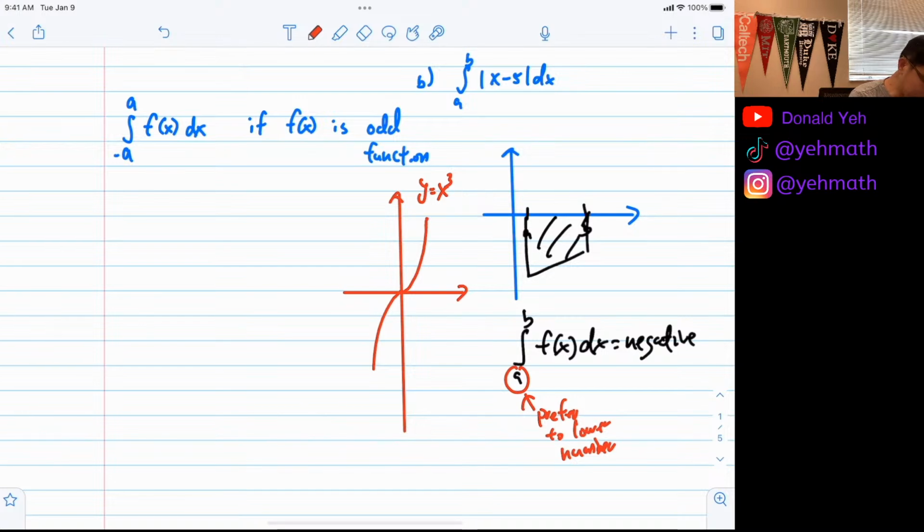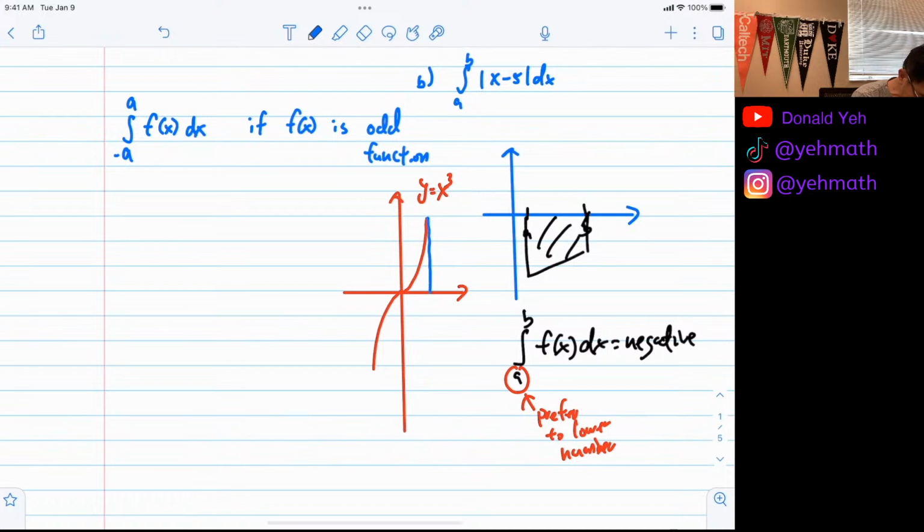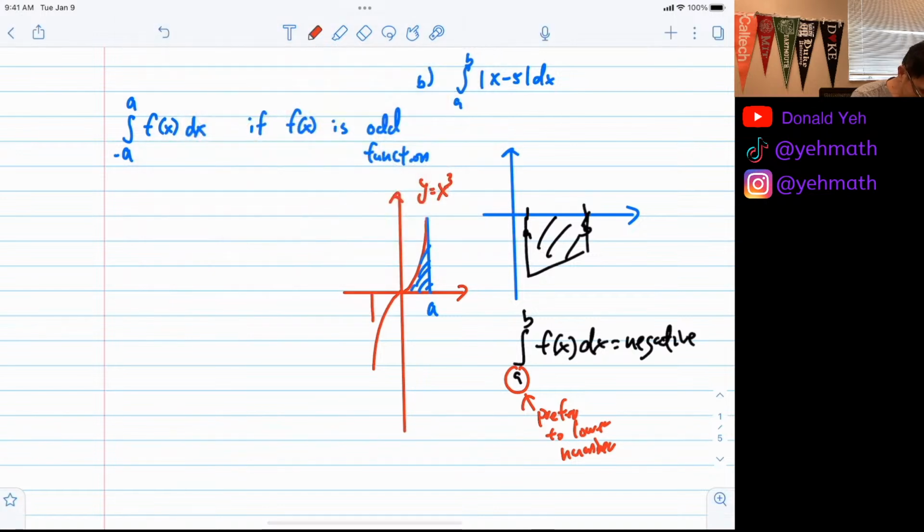Now, if you see the area on the curve here, let's just say from here to here is A, and this is blue, and here is negative A, this is red. So if you integrate from negative A to A, what does that equal to?